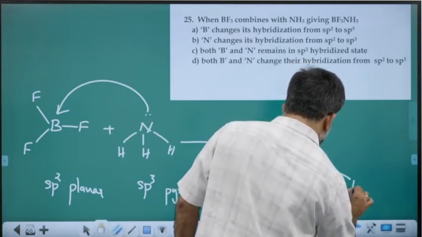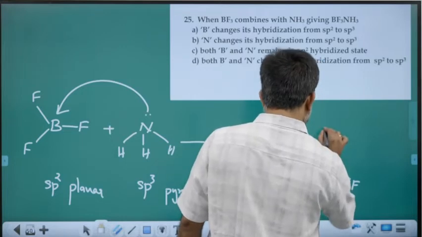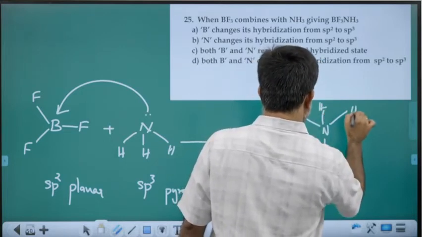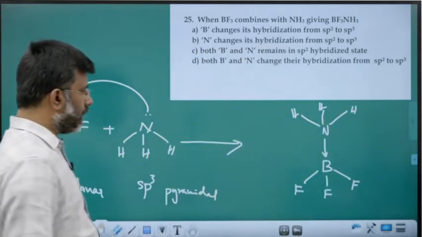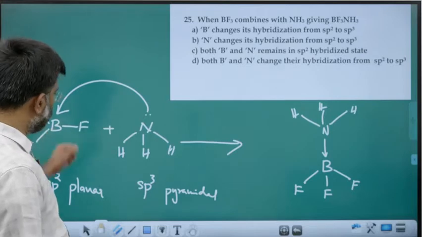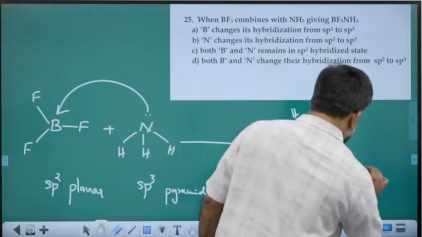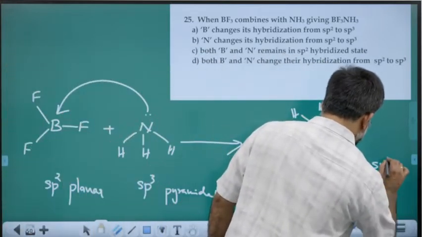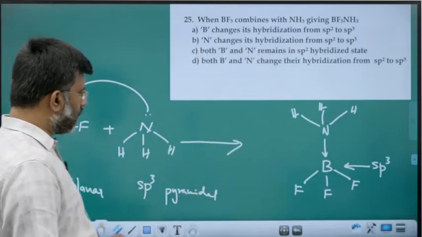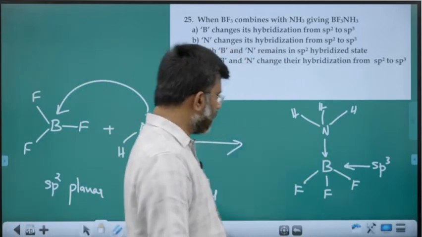BF3 is interacting with NH3. Now you can see there is a change in the central atom. Here sp2 boron becomes sp3. The sp2 planar boron becomes sp3 tetrahedral.